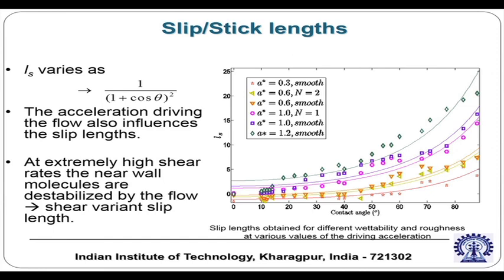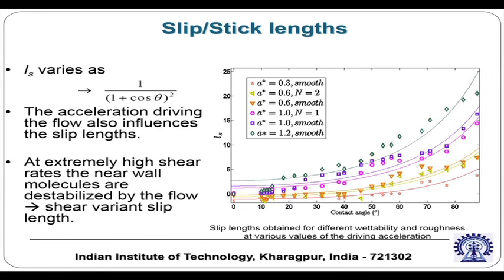So slip length should depend on the contact angle, but what we have found is that slip length is not just a function of the contact angle but also a function of the driving acceleration. In this graph we plot the slip length as a function of contact angle for different non-dimensional driving accelerations A star, which we will define in the next slide.